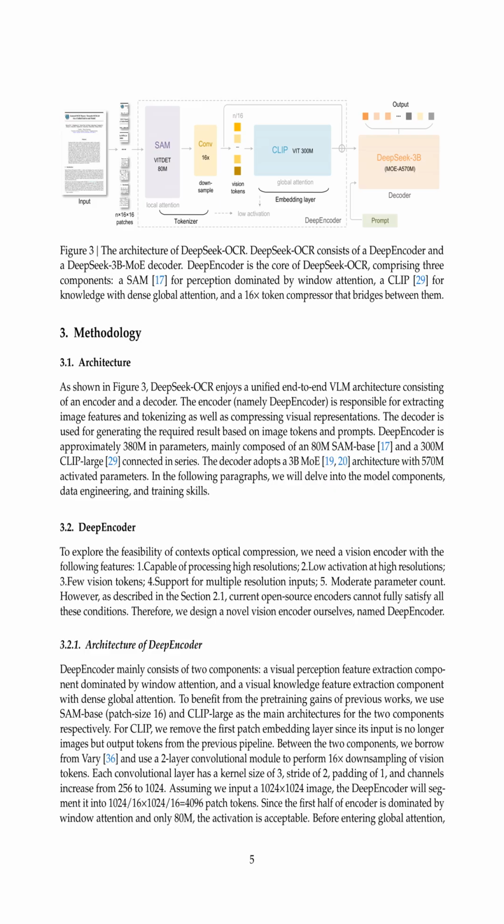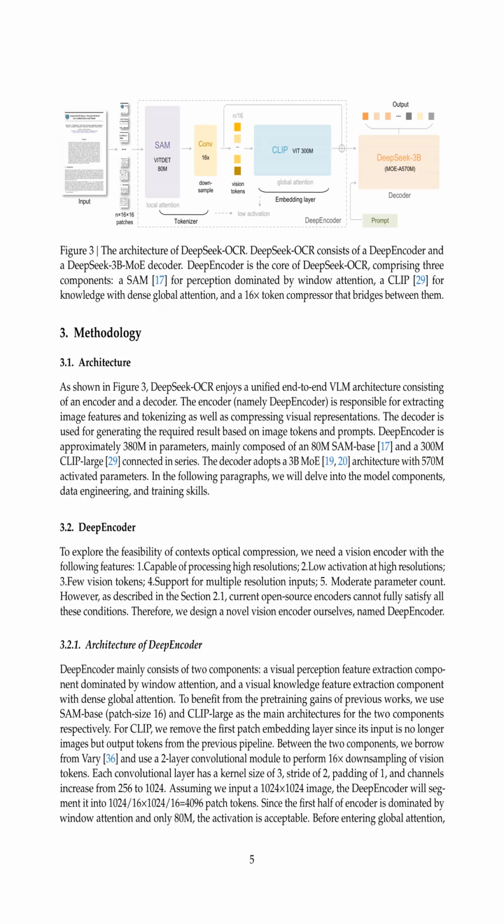Figure 3. The architecture of DeepSeek-OCR. DeepSeek-OCR consists of a DeepEncoder and a DeepSeek3B-MoE decoder. DeepEncoder is the core of DeepSeek-OCR, comprising 3 components: a SAM [17] for perception dominated by window attention, a CLIP [29] for knowledge with dense global attention, and a 16x token compressor that bridges between them.